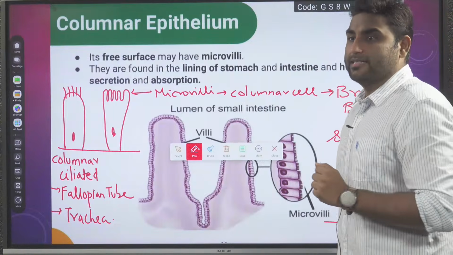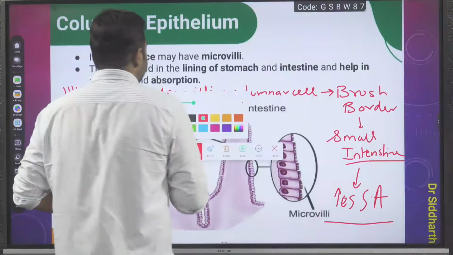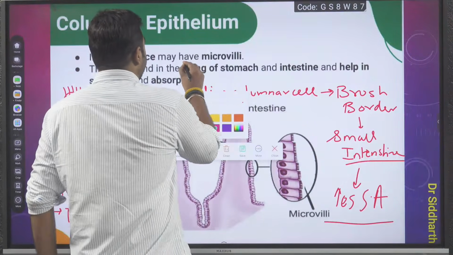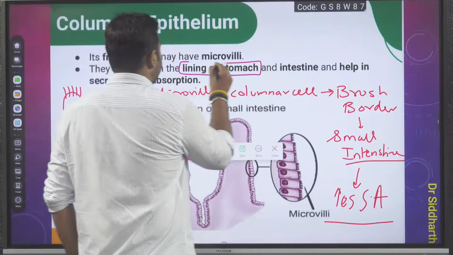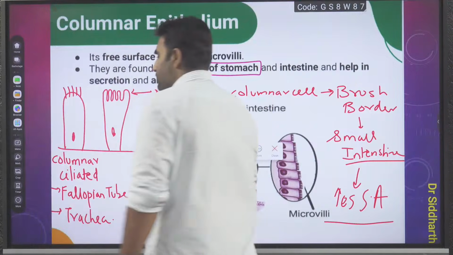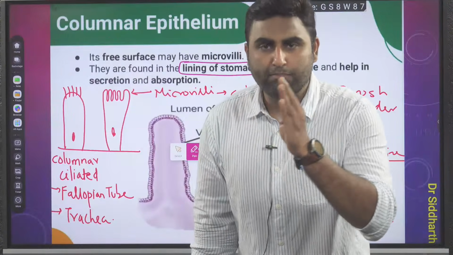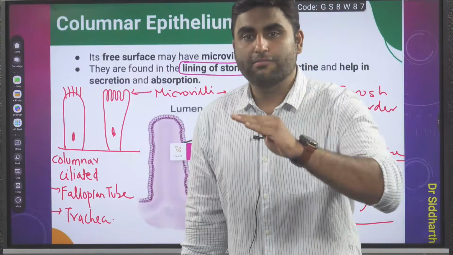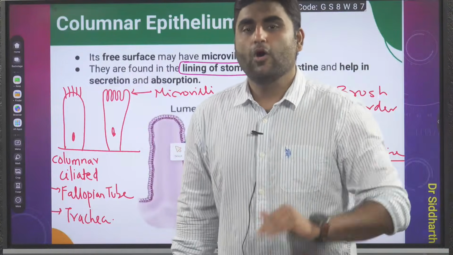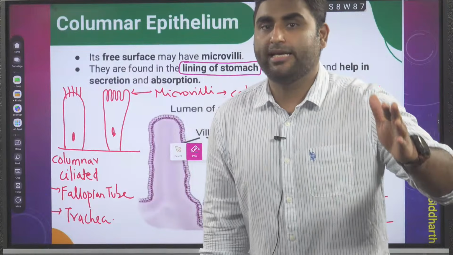In NCERT, it is written that it is found in the lining of stomach. Now tell me, in the stomach, is it simple columnar, or simple columnar with brush border, or simple columnar with cilia?